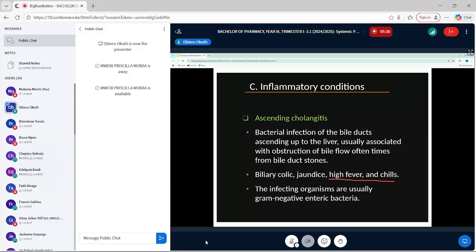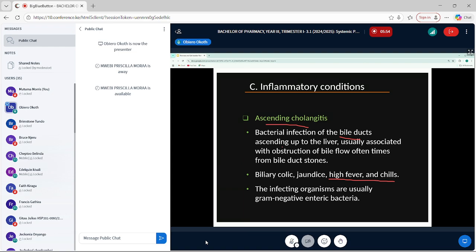We see this one mainly with the gram-negative enteric bacteria. So this is an inflammation of the bile ducts that's going up to the liver. The term we use is ascending cholangitis. Remember, there are other forms of cholangitis.